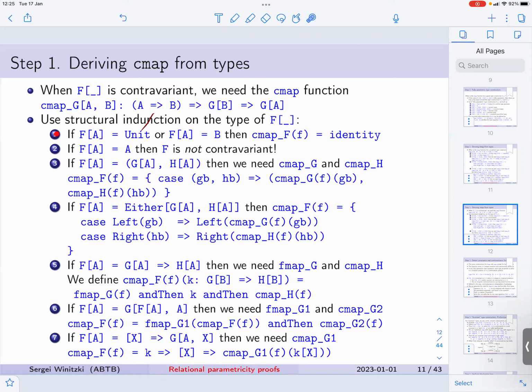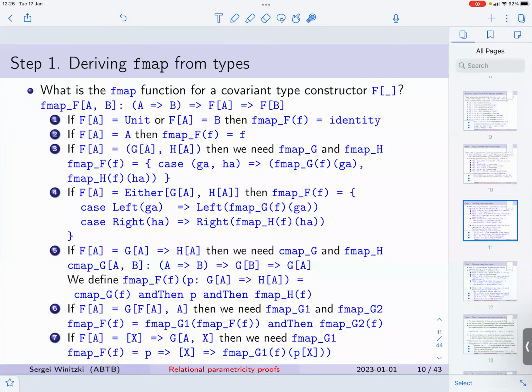We can go through the cases and then recursively through all the other cases as necessary until we get to the base cases of the induction where we just write code directly. And we can mechanically generate the fmap and cmap code that is going to be automatically fully parametric, because as you can see here, all this code is always fully parametric.